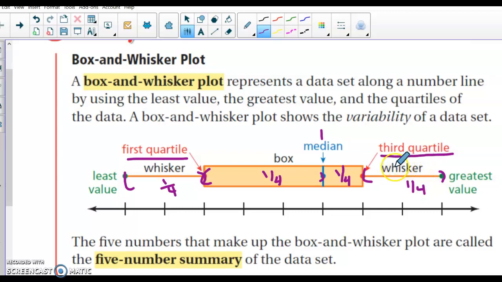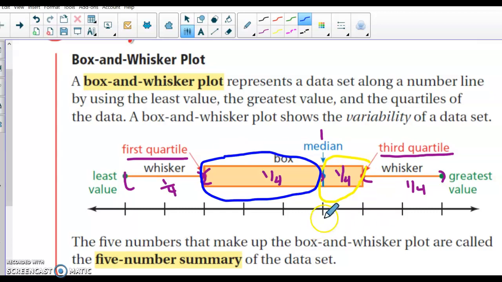So a couple things you can tell by the fourths is, between the median and the third quartile, and we're going to talk about what the first quartile and third quartile are later, but this fourth of the box is smaller than, let's say, this fourth of the box right here. The smaller the fourth means less variability.